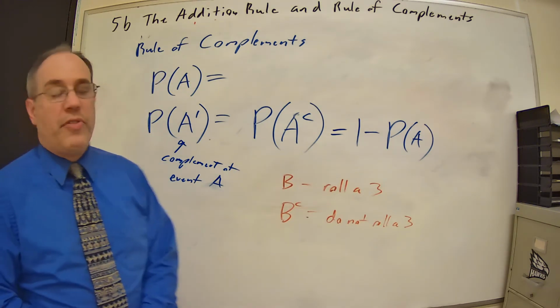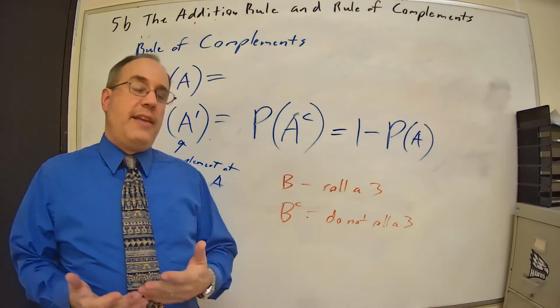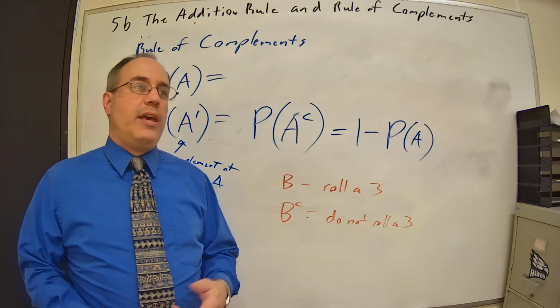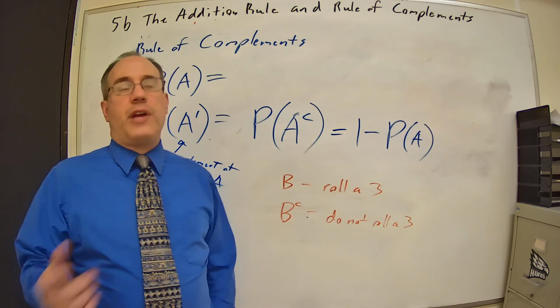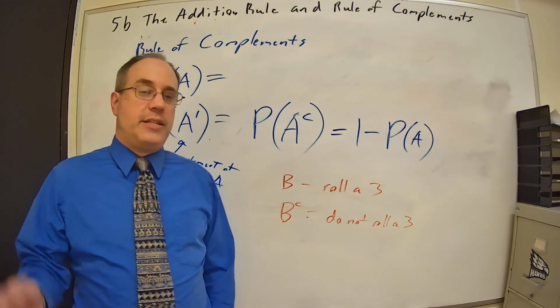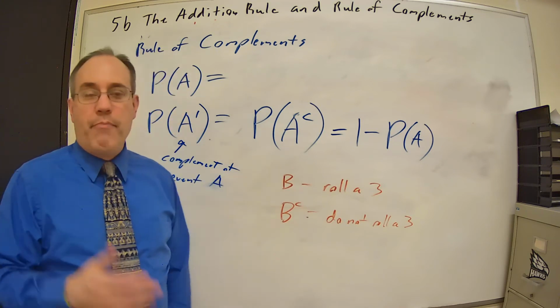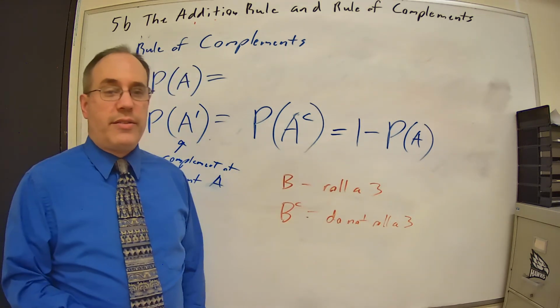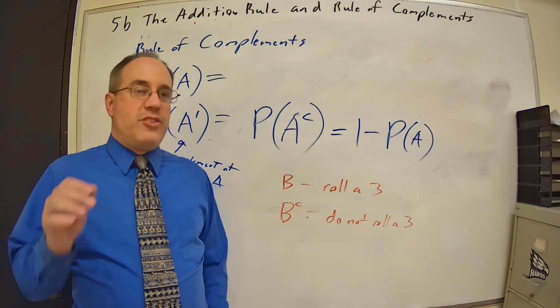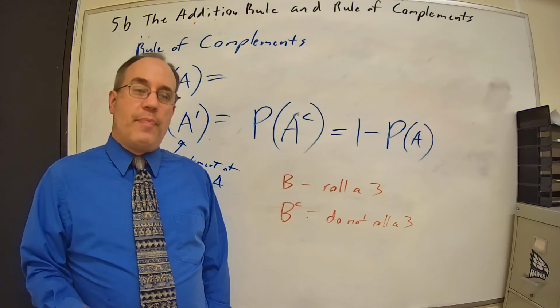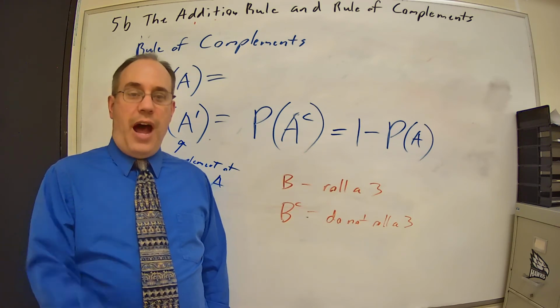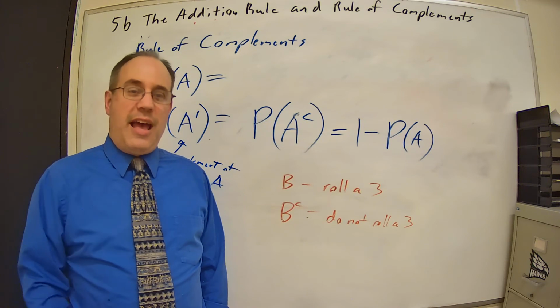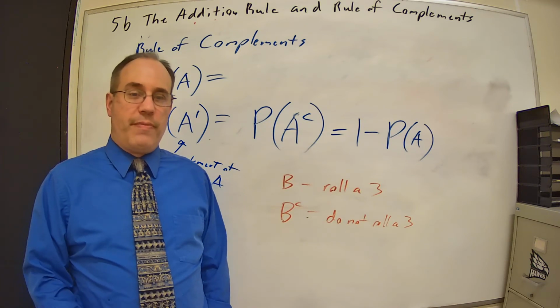Now be careful with that, because a tendency that people have is they think, well, okay, if you don't get heads, then you got tails, so they say the complement is getting tails. And although that may seem to make sense, that's not how we define the complement. We define it as not having the event occur.